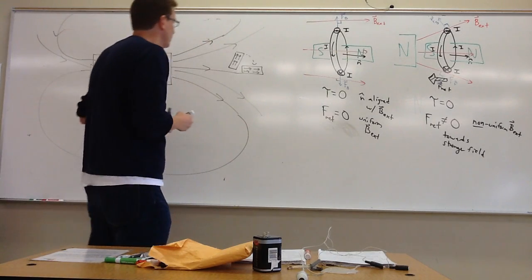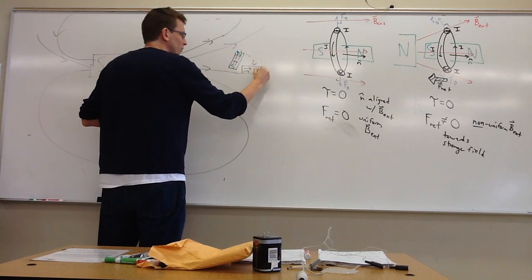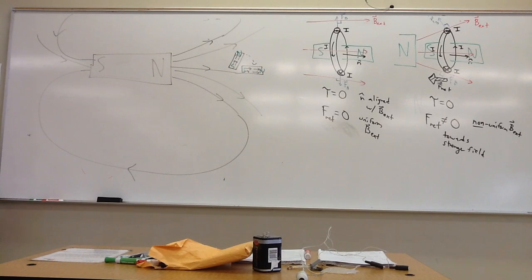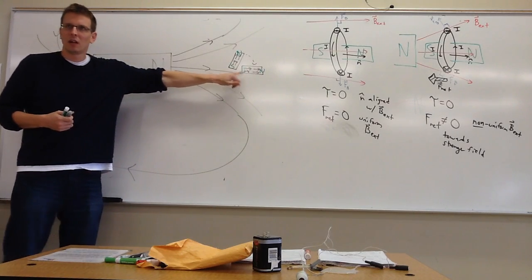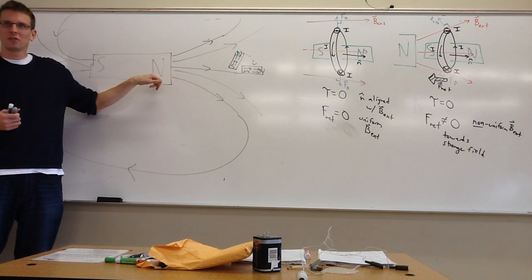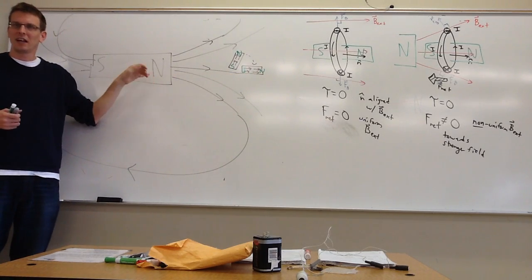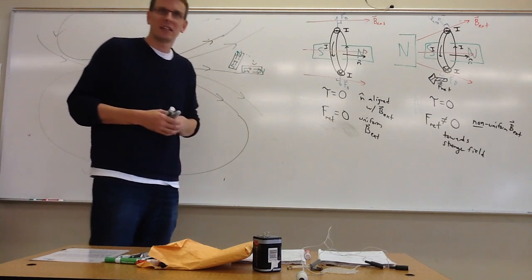Well, of course, remember, this was a magnet itself. This was the North Pole, this was the South Pole. So look at how it's just aligned so that this South Pole and this North Pole are closest to each other, and this North Pole and this North Pole are further away from each other. That is simply the nature of the torque. But that's not the end of the story.